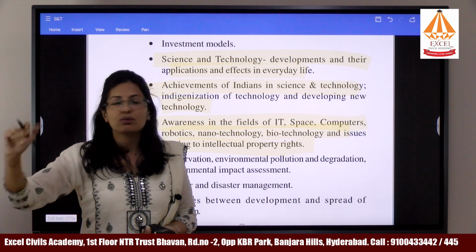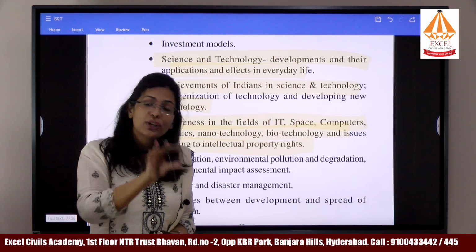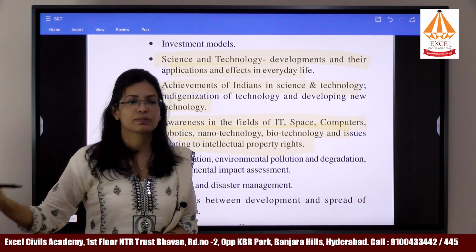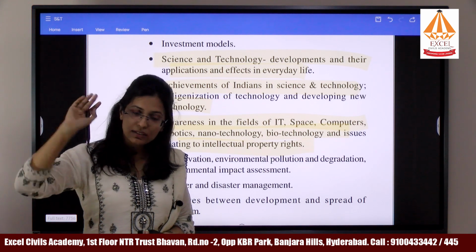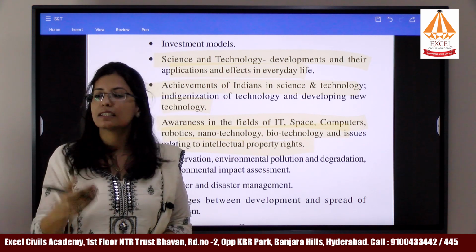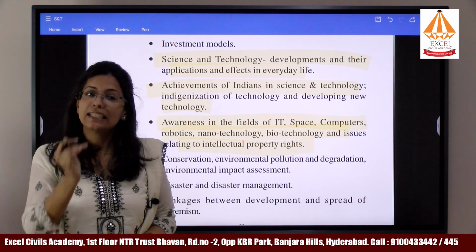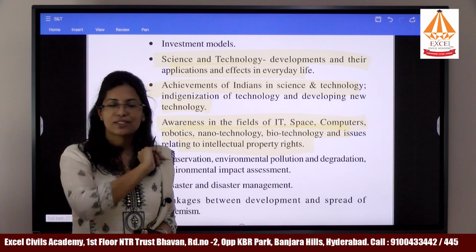So in future, if there is any new research or any particular Indian scientist or researcher who is constantly in the news, they might have contributed in the past few years, but if it is recurring in the newspaper or people are talking about it, it is highly likely that it will come in your examination.